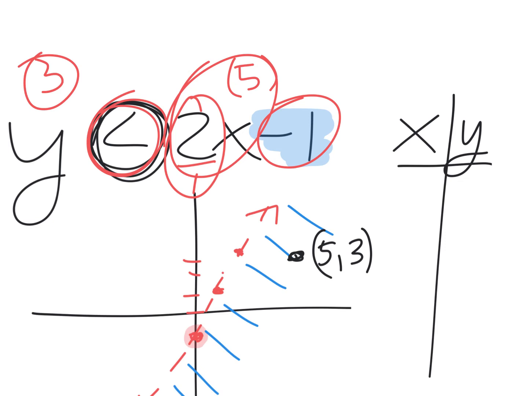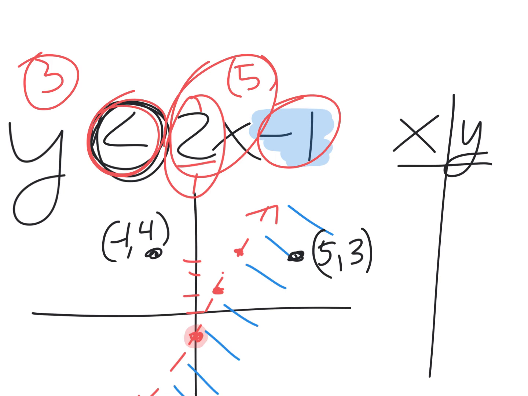If I were to take any other dot over here, like let's say at -1, 4, and I put those numbers in, it would not read as a true statement. You stick those numbers in, it will be telling you something that's false.